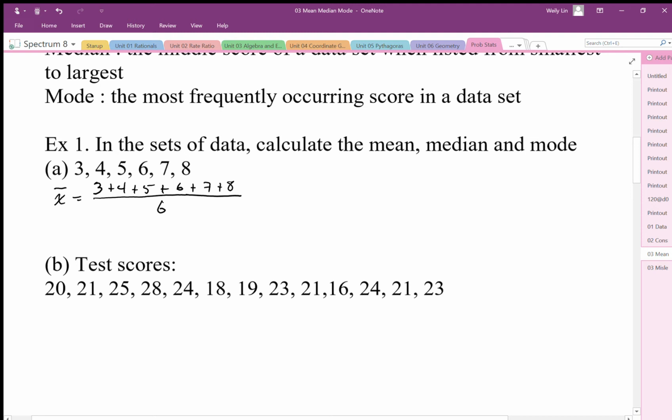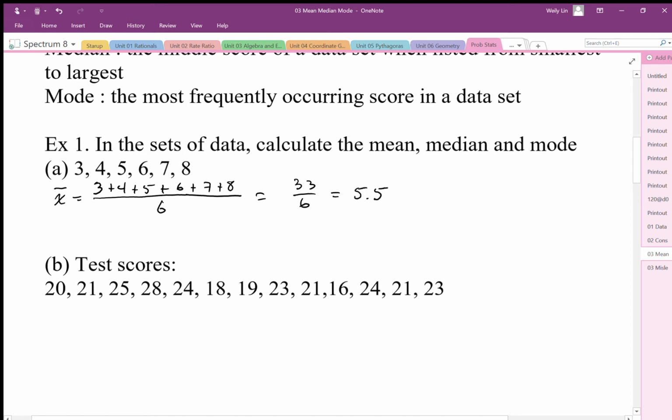So let's do this here. 3 plus 4 plus 5 plus 6 plus 7 plus 8 gives us a total of 33. We divide that by 6, and we end up with 5.5 as our mean.